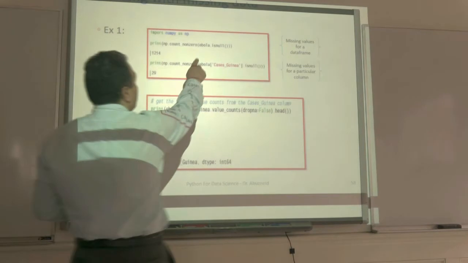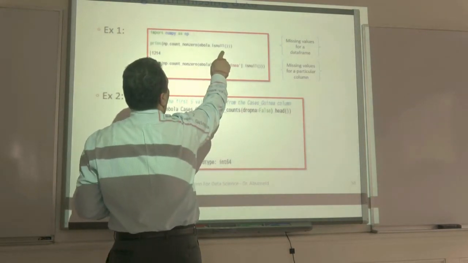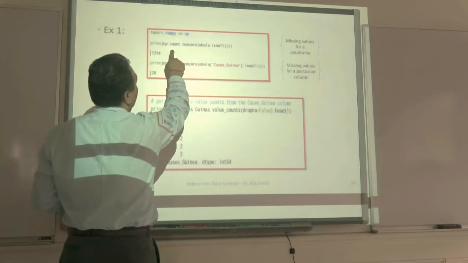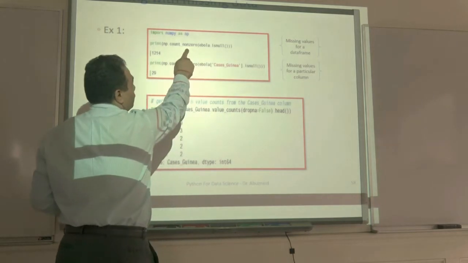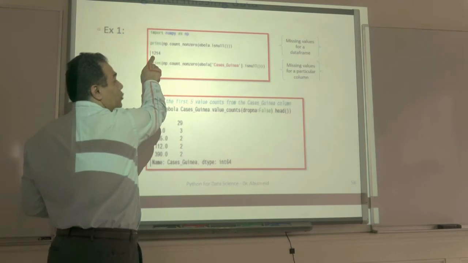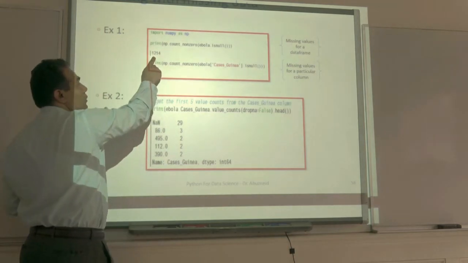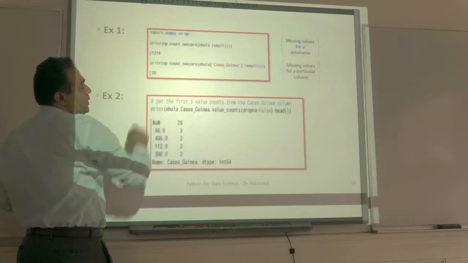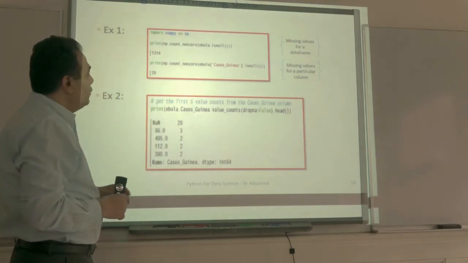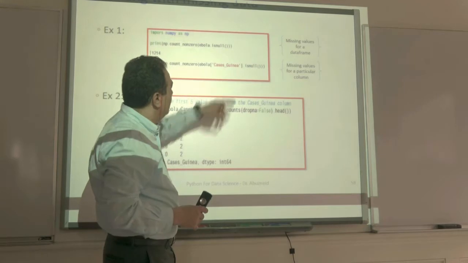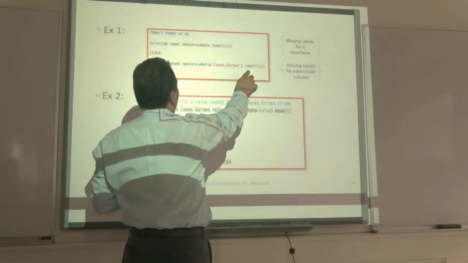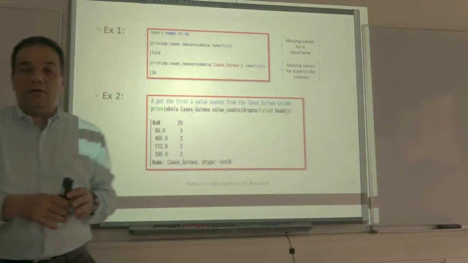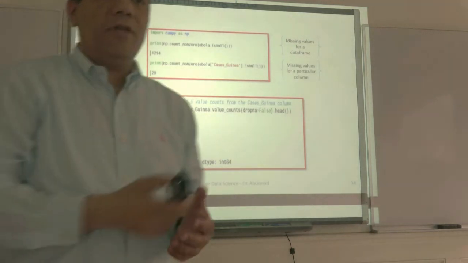So Ebola isnull, okay, and then count non-zero. So missing values for the data frame. How many are the total missing values? 1,214. All right. If I need to know the missing values for cases Guinea, so isnull, not 0, 29. So this is how to write the code to find how many missing values.